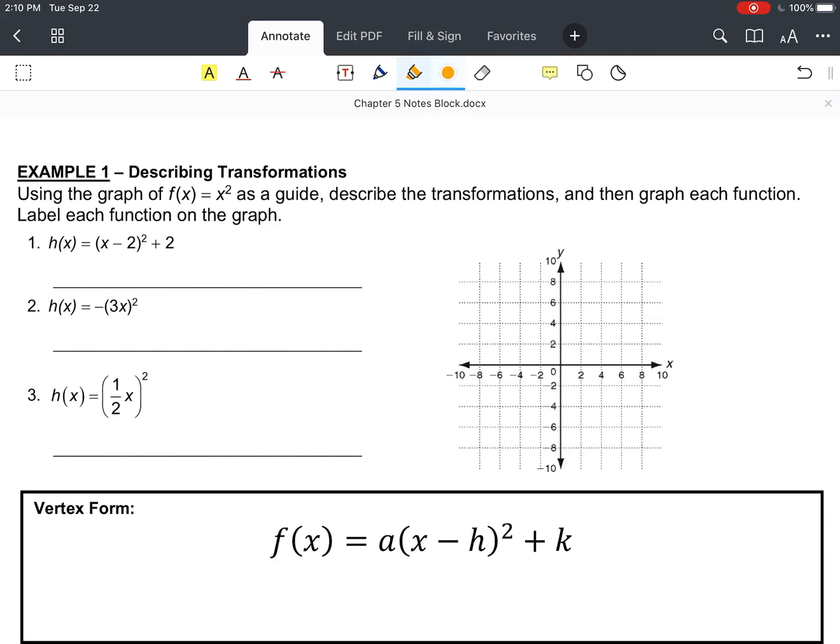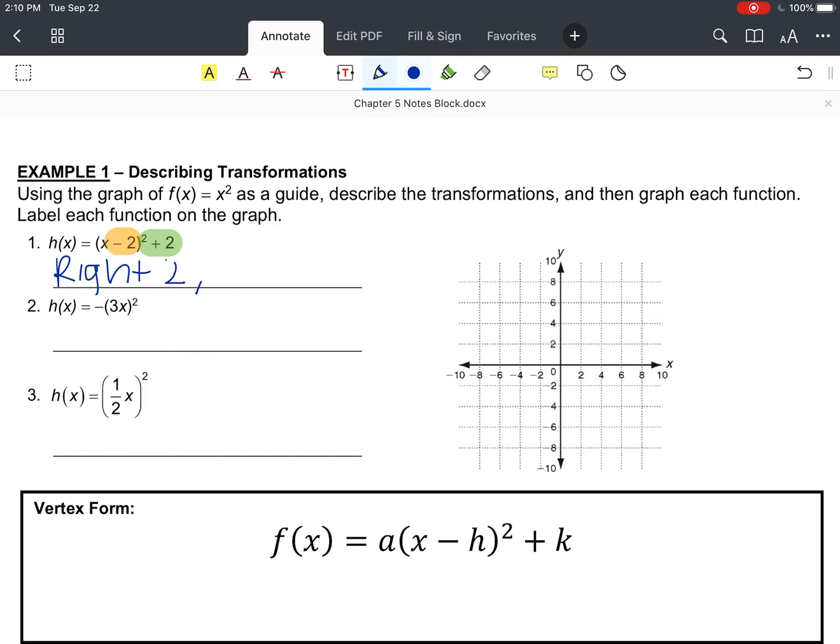So here in number 1, I noticed 2 things. I noticed a -2 in parentheses and a +2 outside parentheses. Looking at my table on the first page here, doing -2 in parentheses means right 2. So I went right 2. Remember, it's opposite when it's in parentheses.